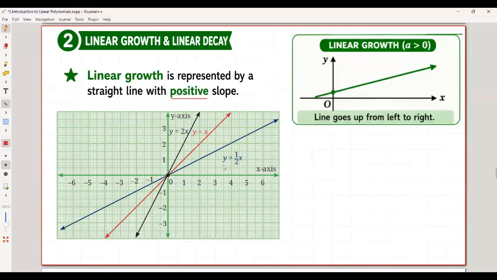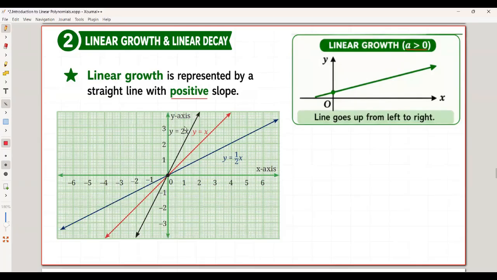You can see here everything is representing linear growth. Why? Because the a value is greater than 0. When can we say it's a linear growth? Just refer to the a value. In the equation, if a value is greater than 0, you will get linear growth. This is the condition: a is greater than 0.